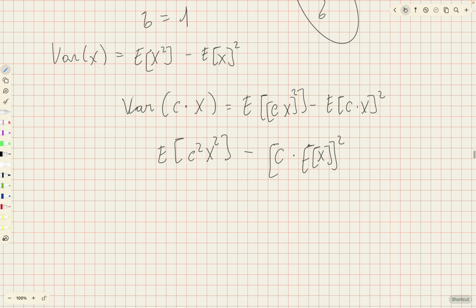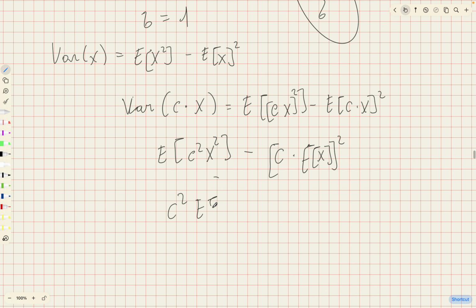And after this operation, we can take the c squared out of the expected value, we can do it.